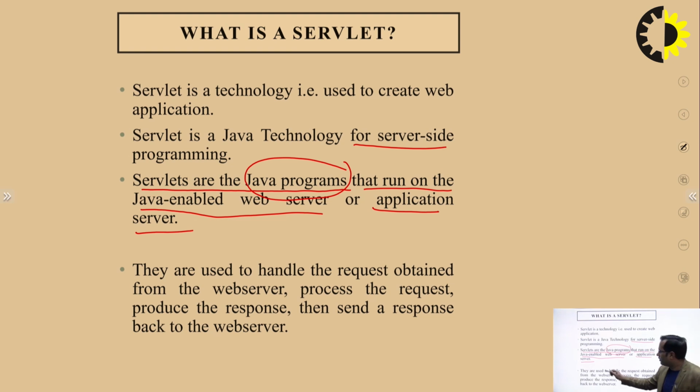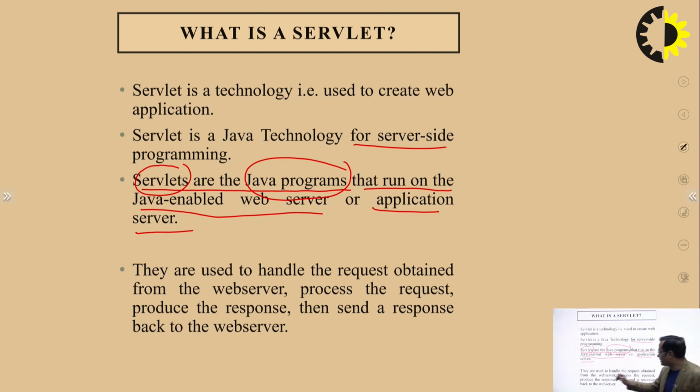And why are servlets used? Servlets are used basically to handle the requests obtained from the web server. The client's request goes through the request parameters or the URL to the web server, and then the web server accesses the request initiated by the client and transfers it to a particular servlet running on the server.